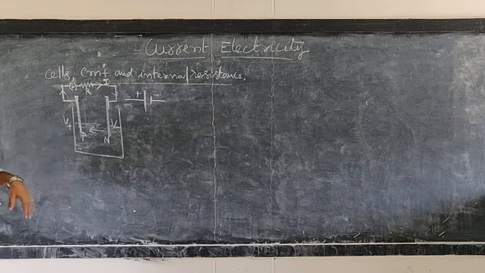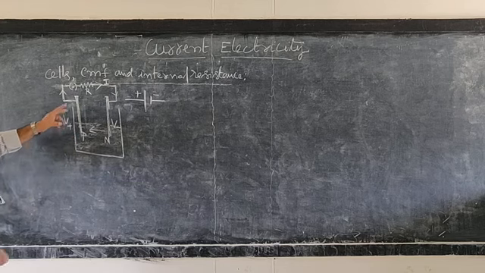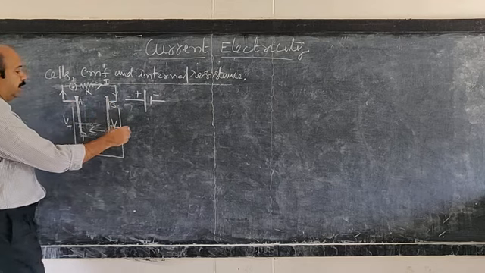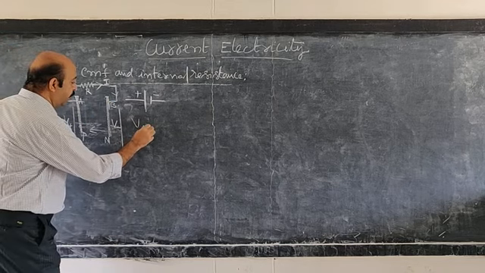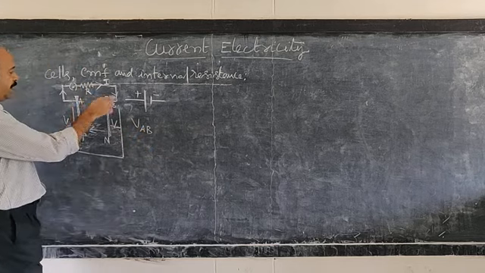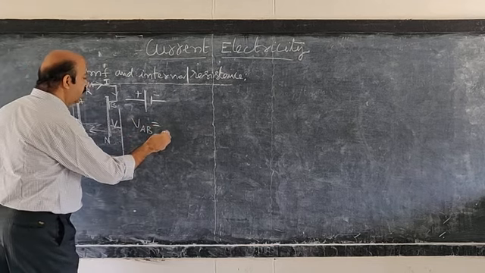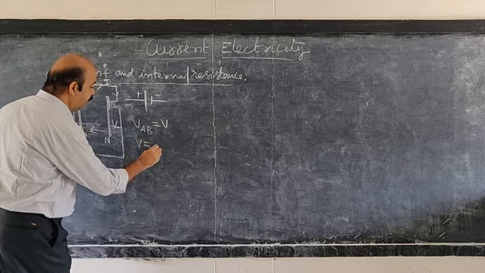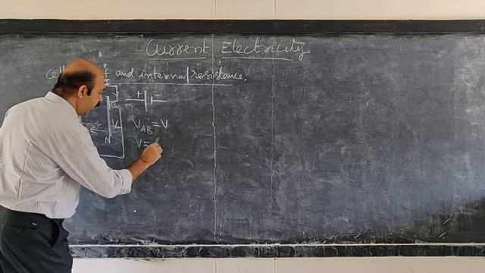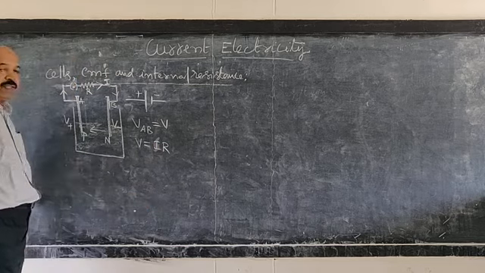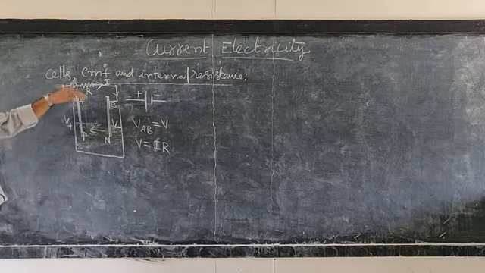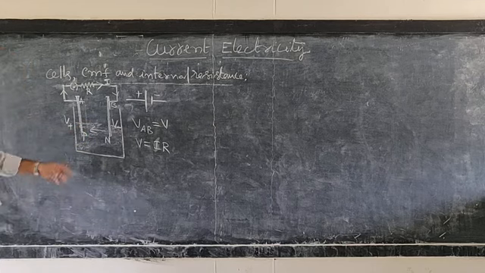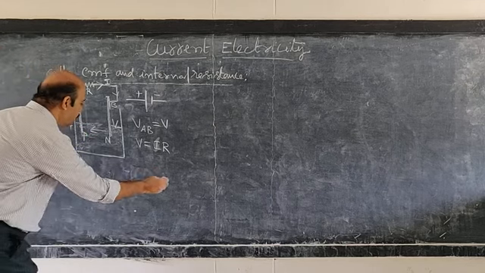Now, let us say this is point A, this is point B. The potential difference across this is nothing but V. So from our formula, if I is the current and R the resistance, V is equal to IR externally.